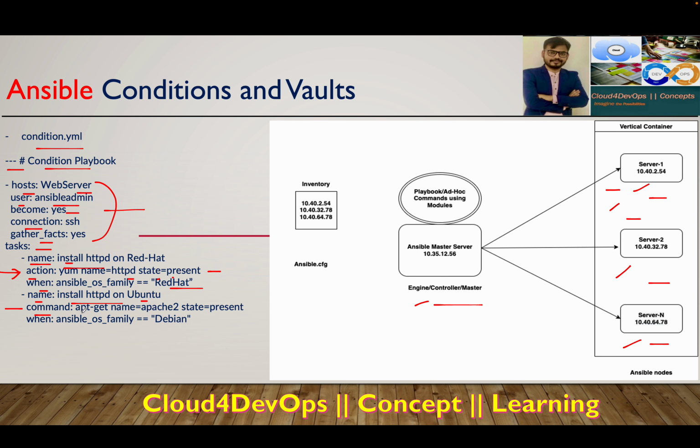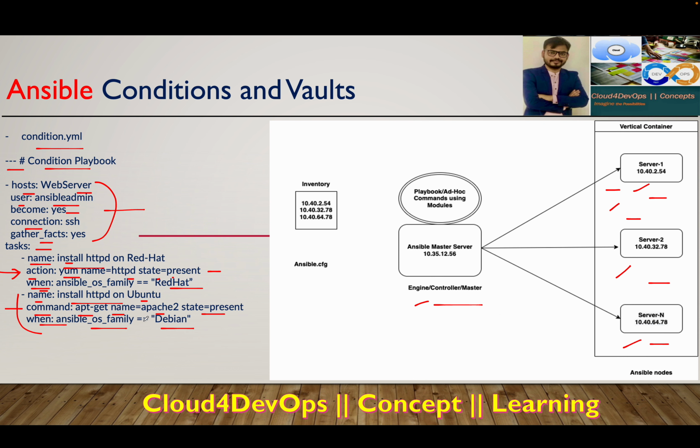It will fail on the Ubuntu system because you are using yum, name is equal to httpd, state is equal to present. In Ubuntu system, httpd, it will not read anything. It has to be apache2. So it will pass, fail, pass, fail, pass, fail, depending upon how many servers you have in the CentOS or Red Hat family, and how many members you have in the Ubuntu family. So based on that, the condition works.